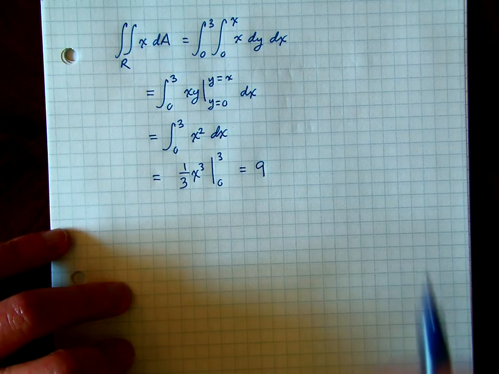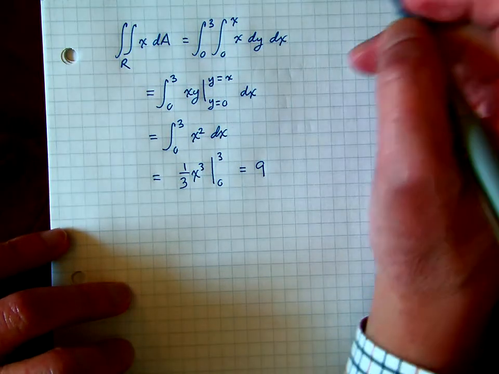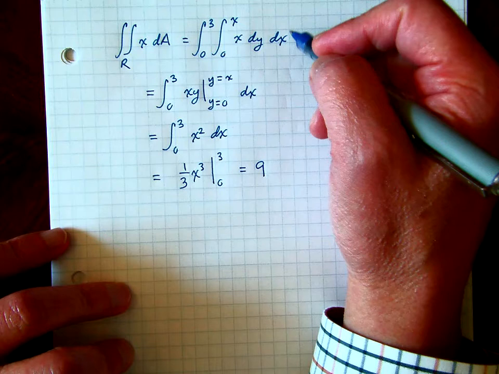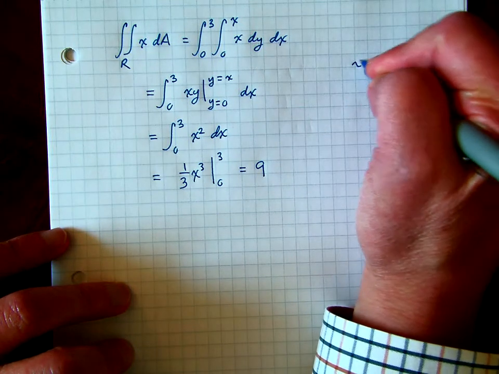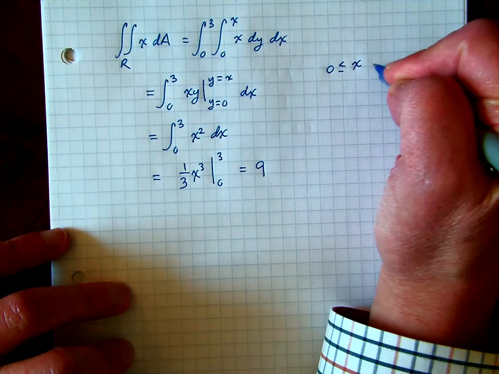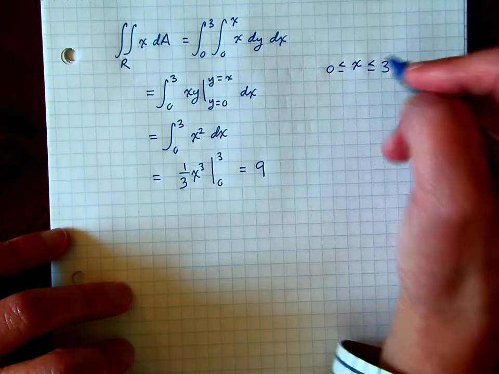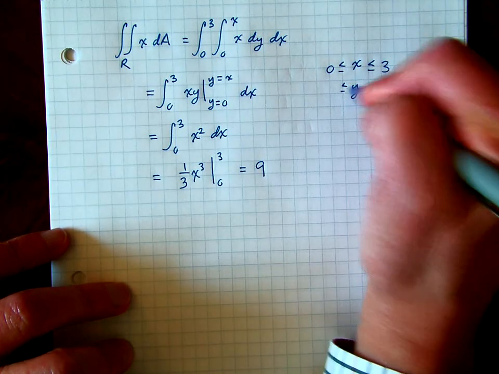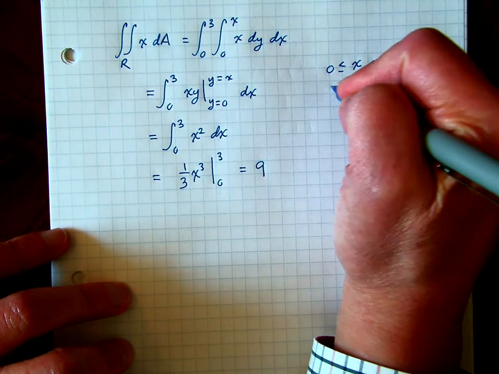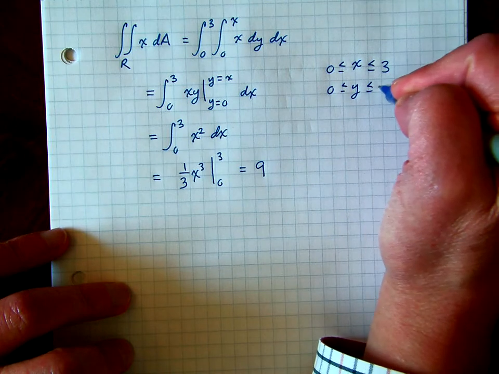Suppose now we take a look at these limits, because the outer limits here say that x goes from 0 to 3. And y, the inner limits, y is limited from 0 up to x.